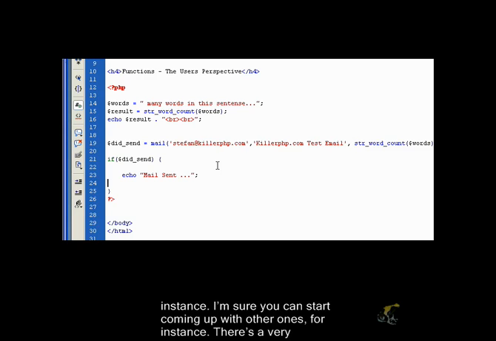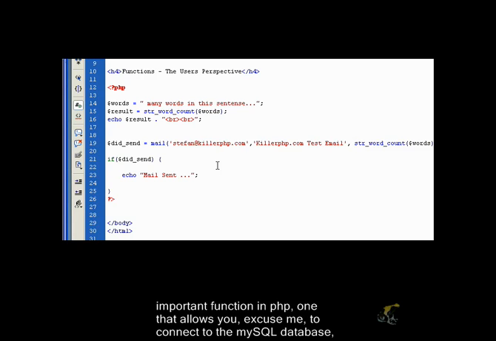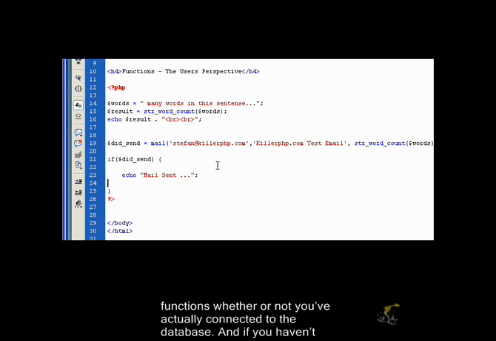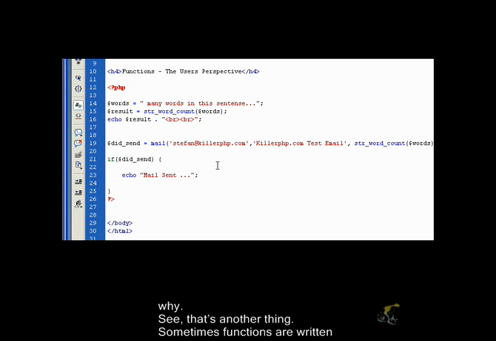For instance, there's a very important function in PHP, one that allows you to connect to the MySQL database, something we'll cover soon enough. And it's very important that you get messages back from the functions, whether or not you've actually connected to the database. If you haven't, why? See, that's another thing.